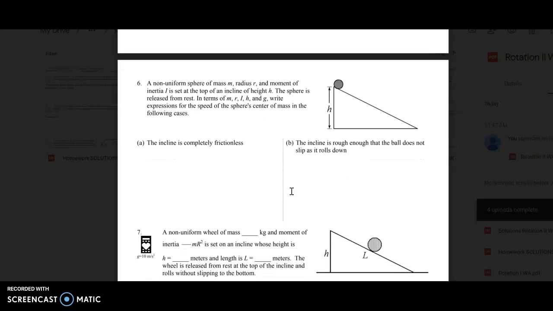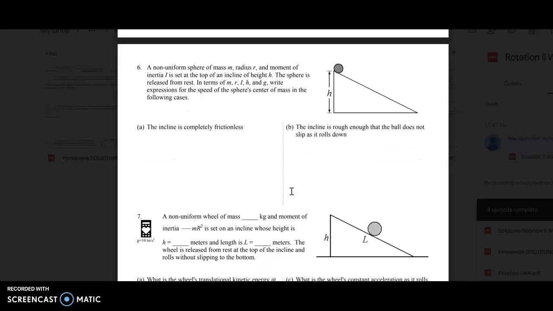So let's see. 6 is yours. It's a non-uniform sphere, rotational inertia I. The incline is frictionless. So, I mean, if there's no friction, it takes friction to torque something, to make it roll.